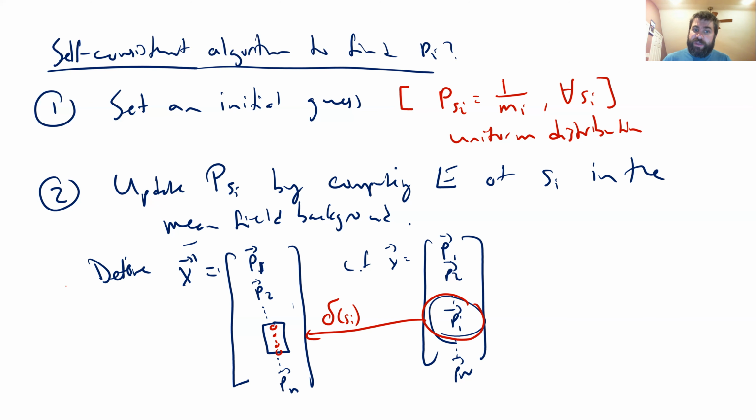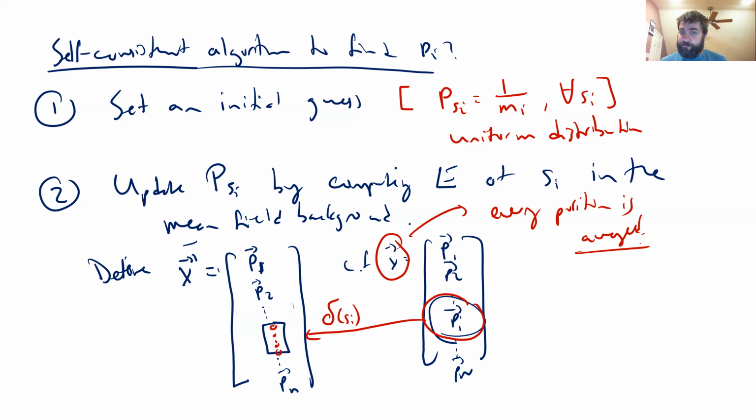Now, what are we really doing here? What this corresponds to: in this X, every position is averaged. We're representing all possible rotamers at all possible positions weighted by their probabilities. What are we doing in this case? We have one position fixed.